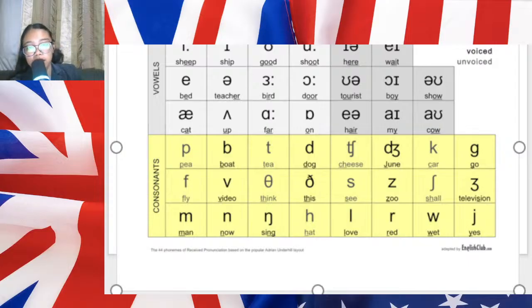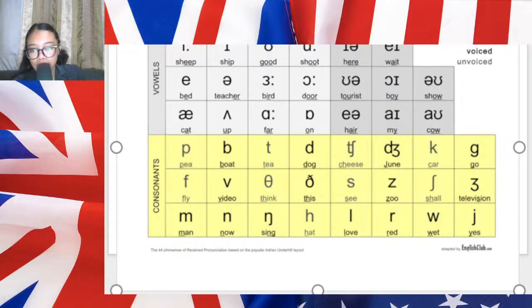That's why there are times I mentioned that this is a voiced sound, this is a voiceless sound. It refers to the presence of vibrations in your throat, in your vocal cords, when you make the sound. If the symbol is totally black in color, then that's voiced.